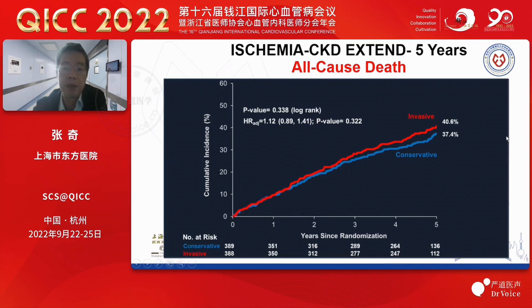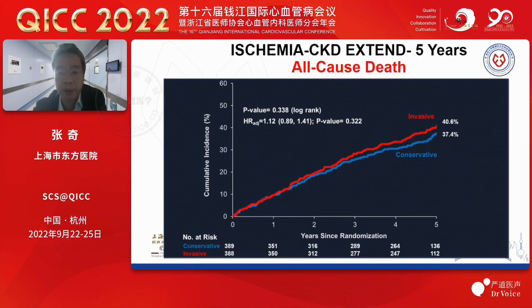There's no statistical difference. And then when we look at the ISCHEMIA-CKD extension, they followed those patients for 5 years. Then we look at all-cause mortality. For the conservative group, that is 37.4%, and invasive is 40.6%. For those populations, the prognosis is usually very poor, because all-cause mortality is actually very high.